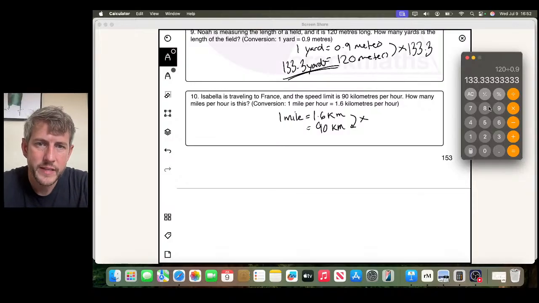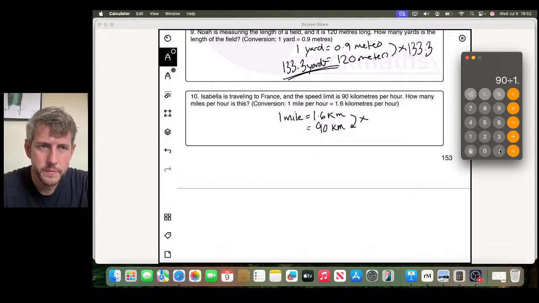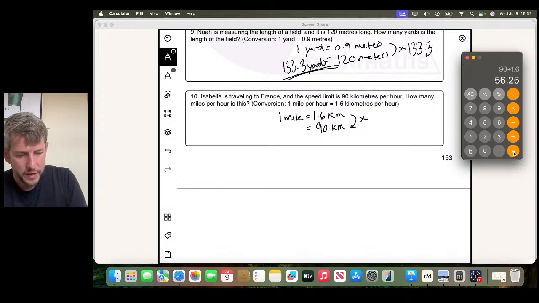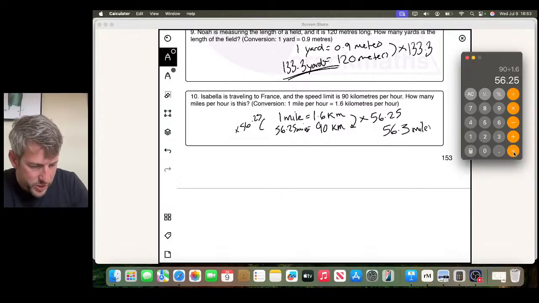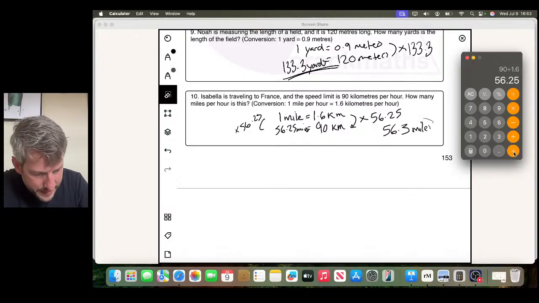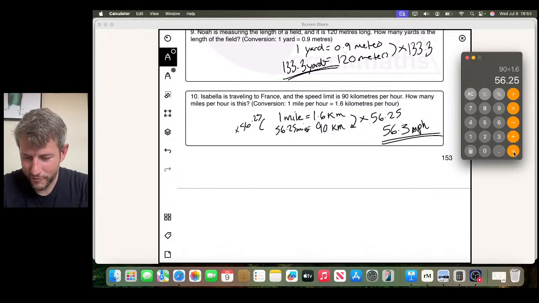We do 90 divided by 1.6, and that will be 56.25 miles. They want it to 1 decimal place, so we'll call it 56.3 miles. Maybe I'll just write it as MPH, which is the thing we often use. There we go. Right, okay, that round is done.